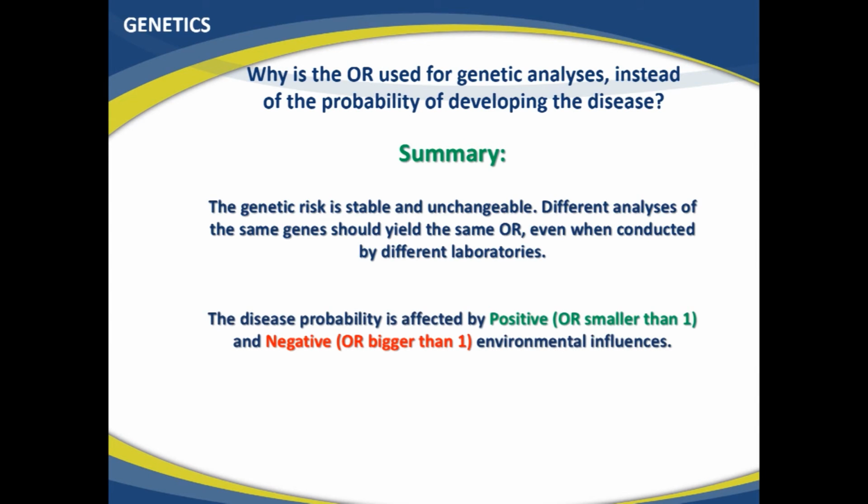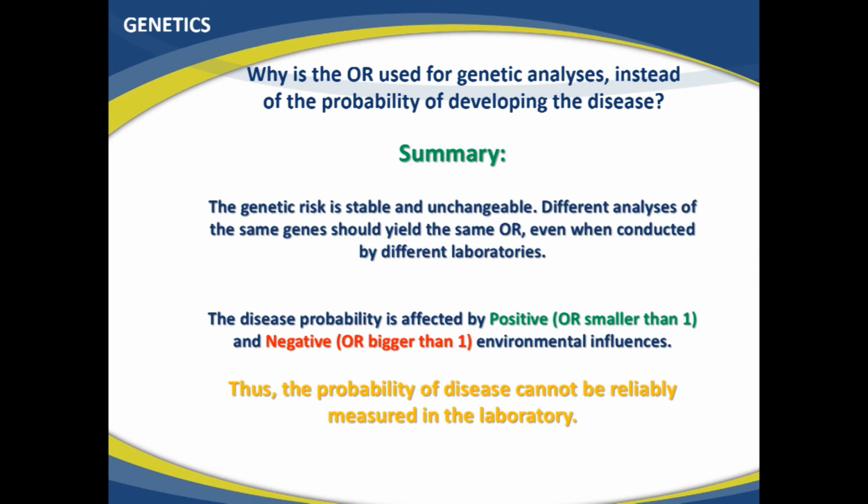The disease probability is affected by positive or negative environmental influences, so you can increase it even more or reduce the risk. And thus the probability of disease cannot be reliably measured in a laboratory, because we don't know, does the person drink alcohol or does he drink coffee when he has an Alzheimer's disease risk.